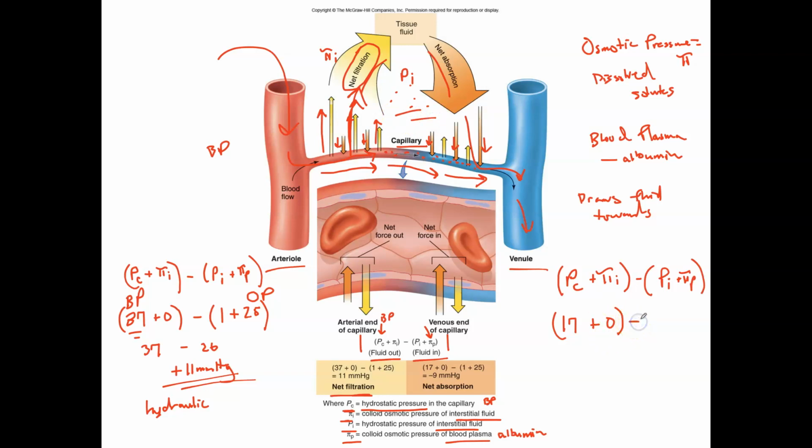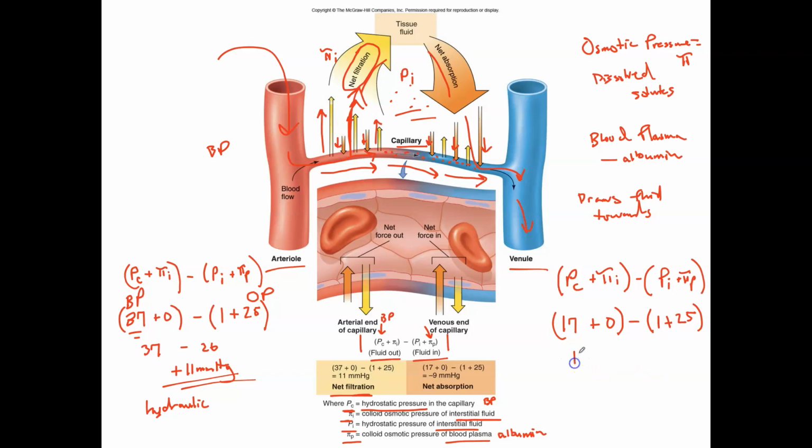And then we're going to subtract our fluid in values. Okay? So what's a good number, again, for pressure in the interstitial space? Well, it's still only about a value of 1 because, again, there's not a lot of pressure in the interstitial space. But we still have our albumin, okay, because our proteins aren't escaping. So we're still going to have a value of 25 for our osmotic pressure of albumin.